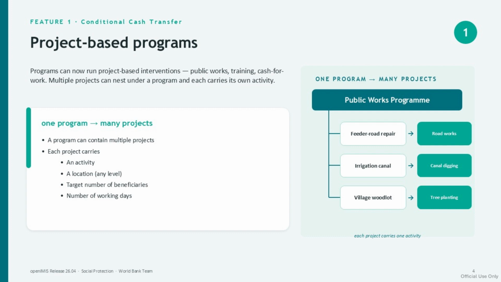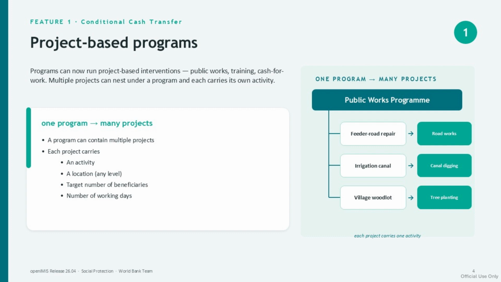So for example, on the right, there is a public works program, which can have different types of public works projects, say irrigation canal, village woodlot, and so on. Each of these projects is associated with an activity.